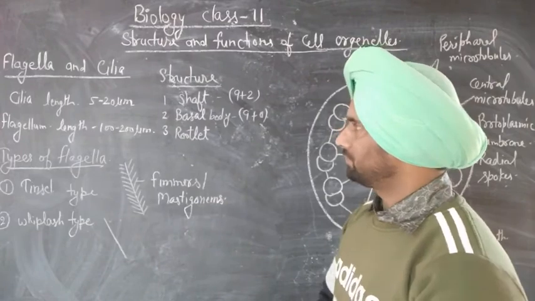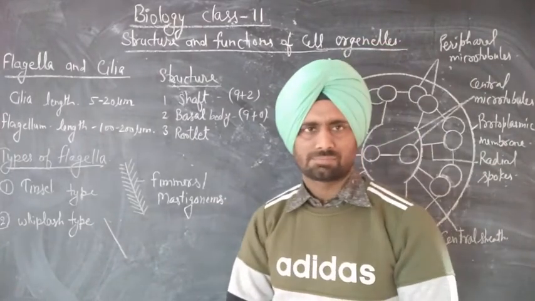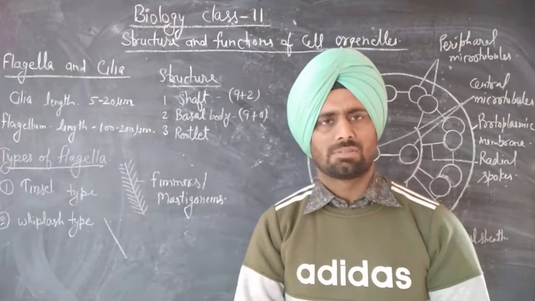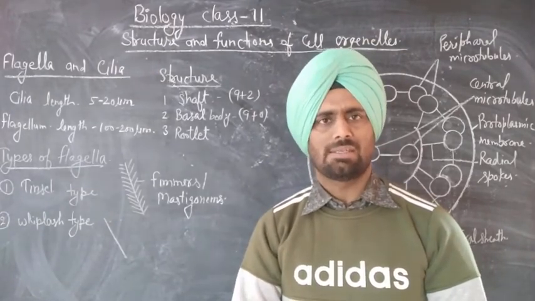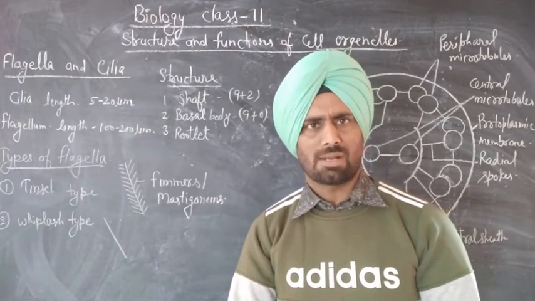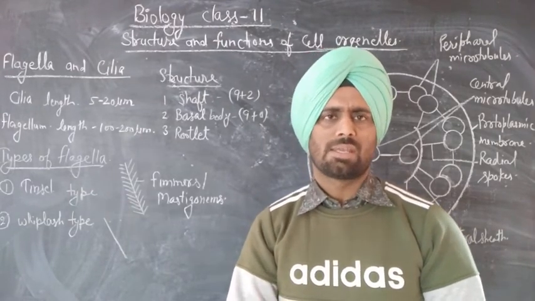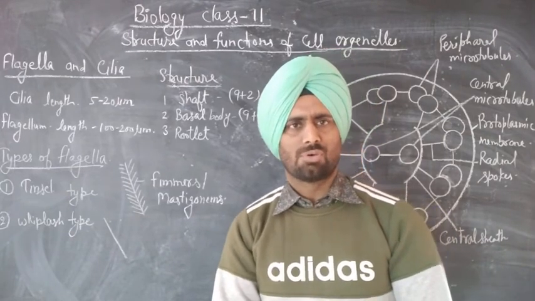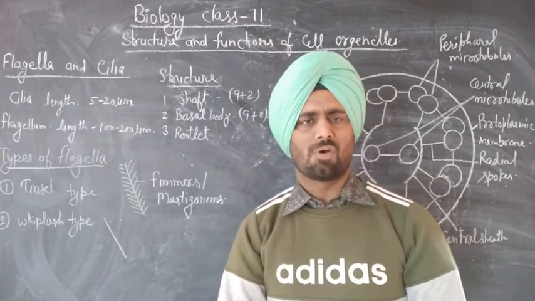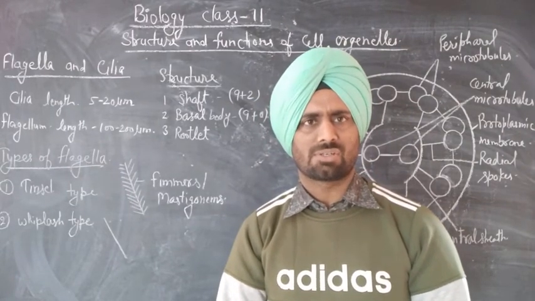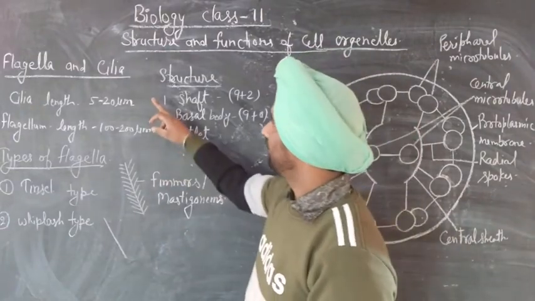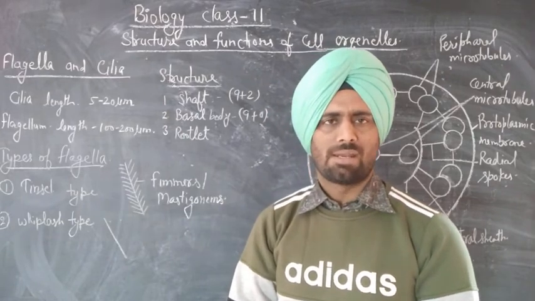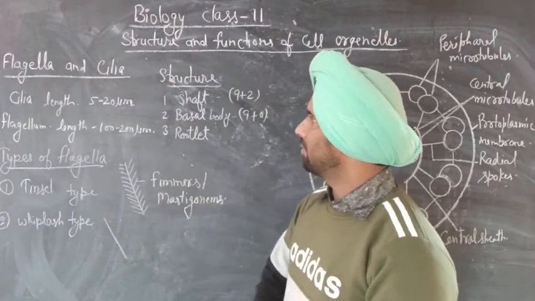Cilia and flagella. What are cilia and flagella? In some plants such as fungi, algae, pteridophytes, some gymnosperms, and many animals, movement is shown with the help of a fibrillar structure called flagellum or cilium.